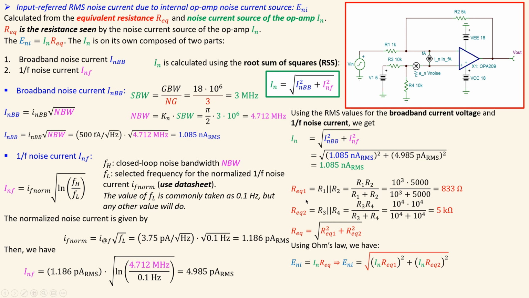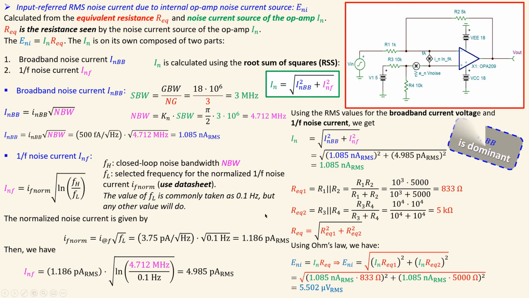But you can also do it in separate form: multiply that In, which is shown here, times each equivalent resistance, square them each, add them up, and then take the square root. That is also possible. If you do the math in that similar form, you will have this one, and the value will be 5.502 microvolts RMS. That is for this part, and again, the broadband noise current is dominating here.